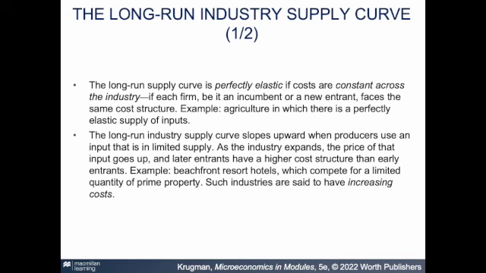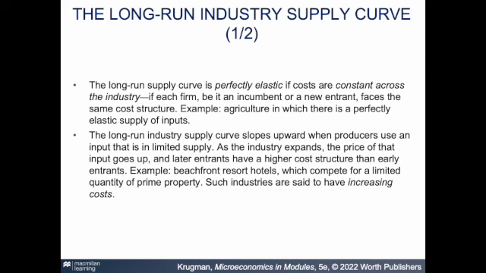The long-run industry supply curve slopes upward when producers use an input that is in limited supply. As the industry expands, the price of that input goes up, and later entrants have a higher cost structure than early entrants. Example, beachfront resort hotels, which compete for a limited quantity of prime property. Such industries are said to have increasing costs.